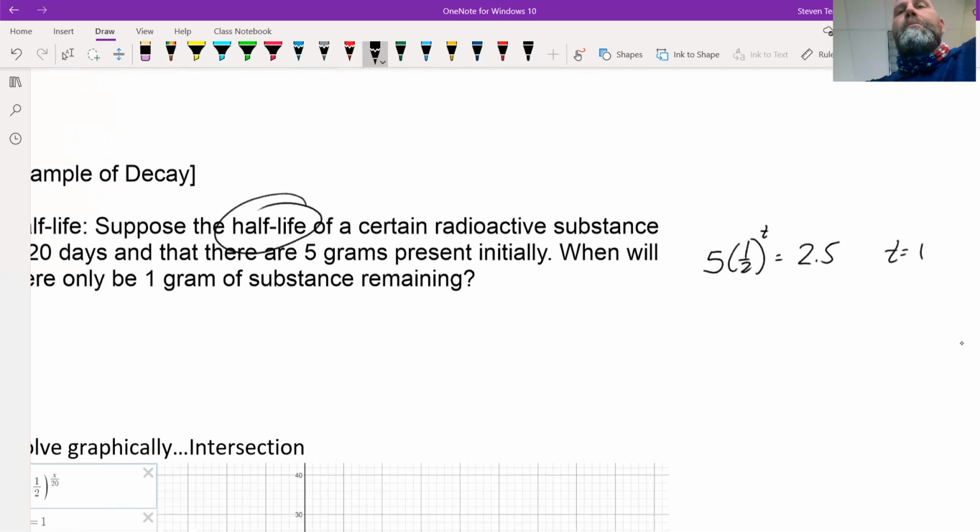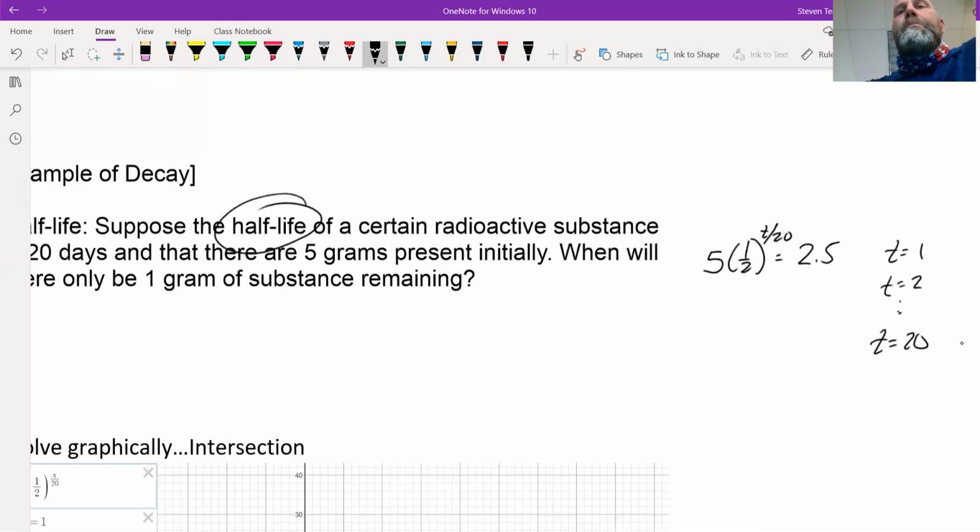If I put a 2 in there, that's still not going to give me my half. It's going to be smaller than half the substance. So what we need to do is, if T was 20 days, I have to take this and divide by 20. So if I put 20 in for my X, or my T, then I get 20 over 20, and that would give me my desired half-life.